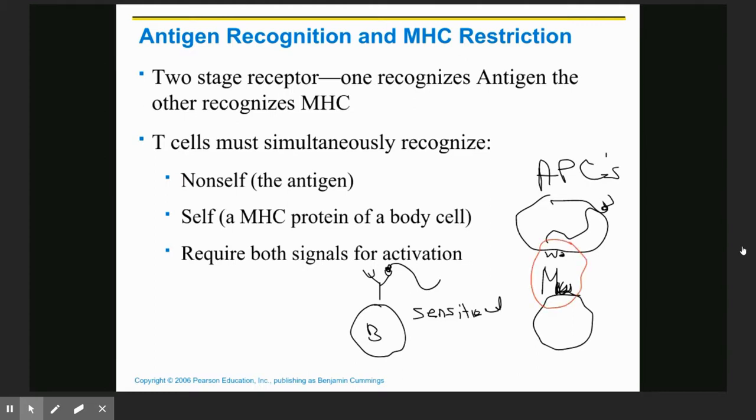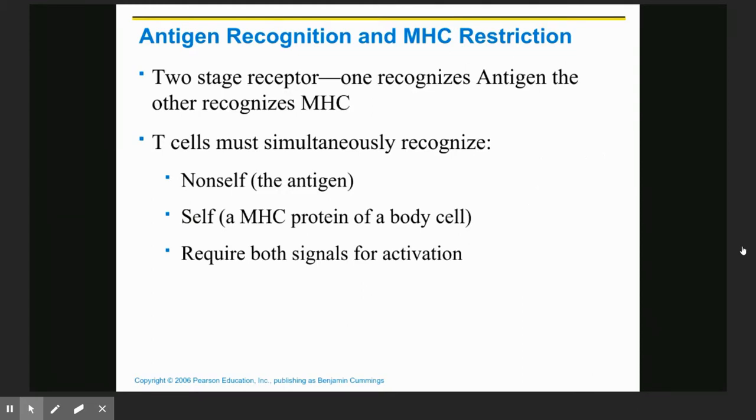So if you look at a T cell, it simultaneously, at the exact same time, recognizes the MHC, which is self, and the antigen, which is non-self, and both signals are required. It's called co-stimulation. It has to happen.